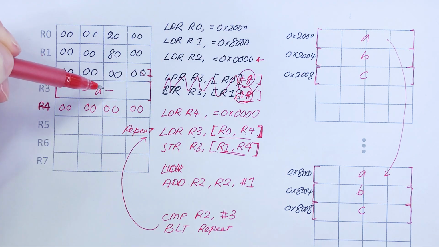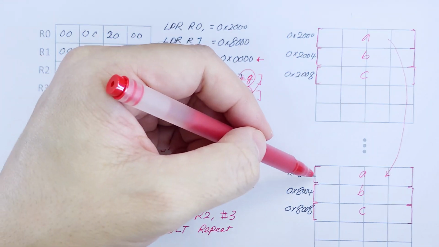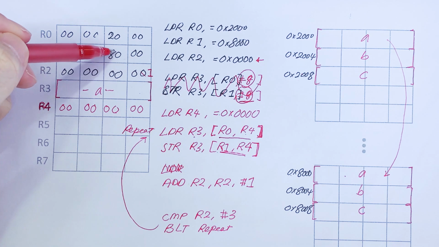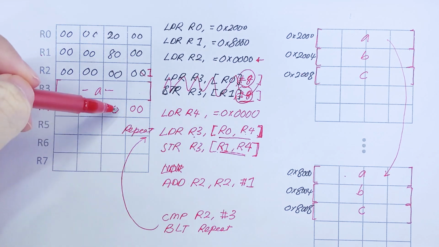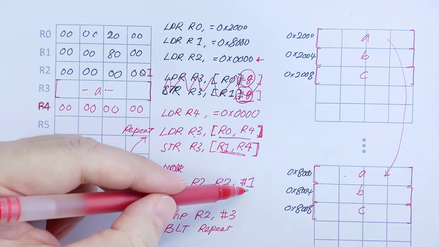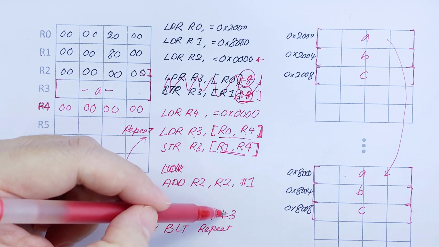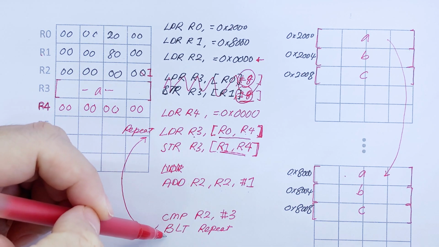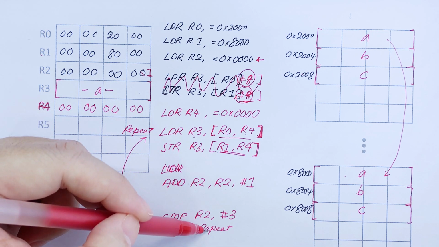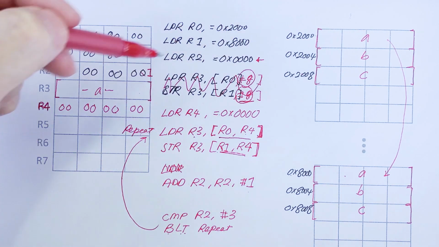Then you move A to R3, and after that you store R3 to 8000 from R1, which is 8000, and R4 is 0. So we increase R2 by 1, so R2 becomes 1, and we compare R2 with 3, whether it is less than that number. If yes, we branch to repeat the process of moving from memory to the registers.